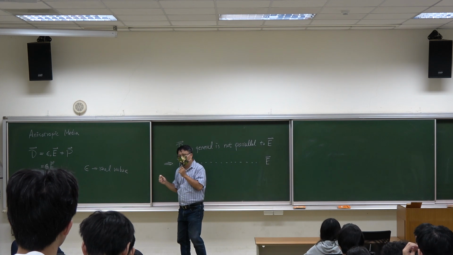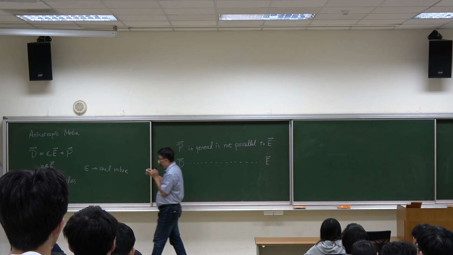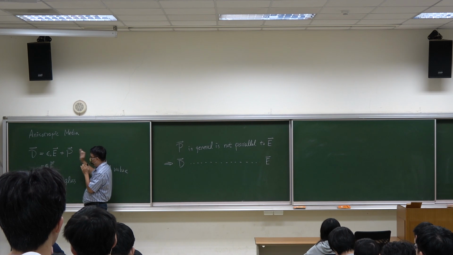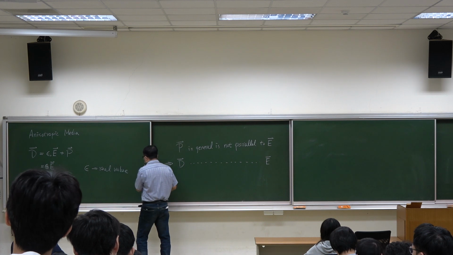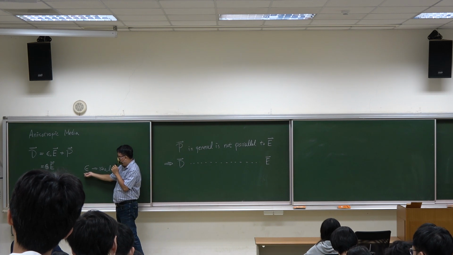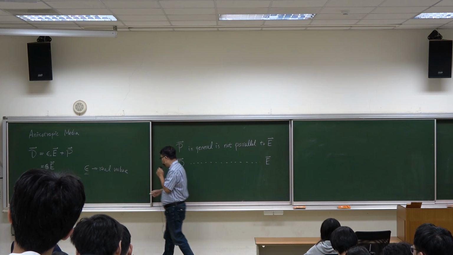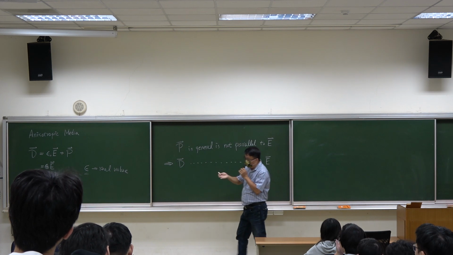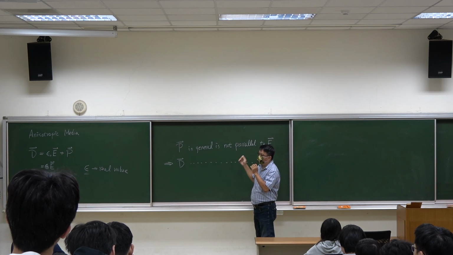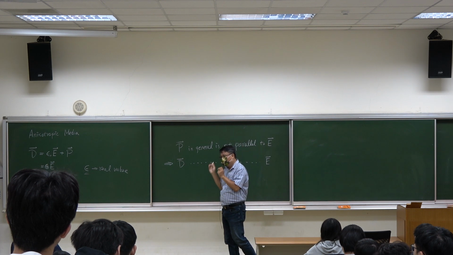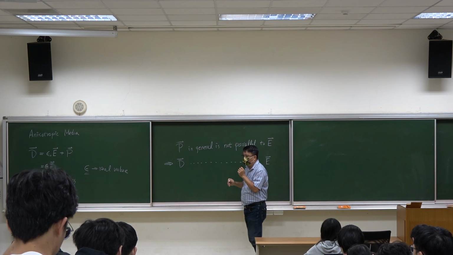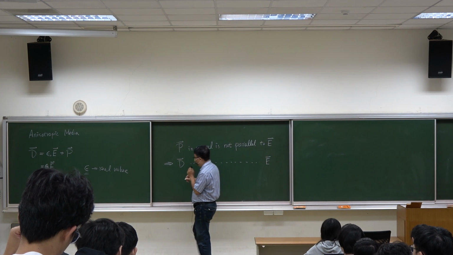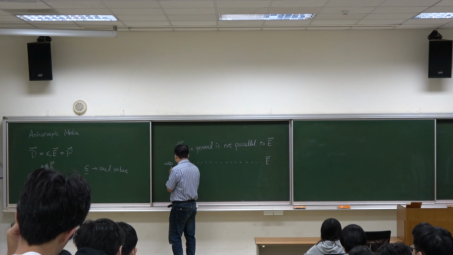So mathematically, we want to express the linear relation between D and E. So we must generalize the original idea of epsilon from a simple number to a thing called tensor. Okay, the mathematical description of tensor can be matrix.